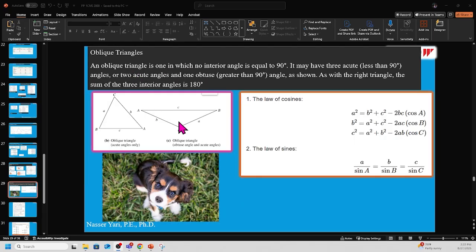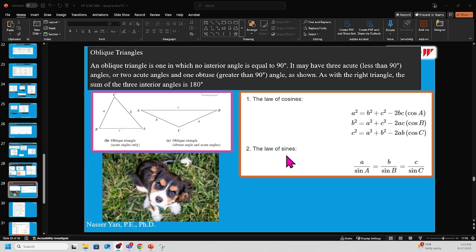The oblique triangle has two laws. You want to know these two laws: one is the law of cosines, the other is the law of sines. If you look at this triangle right here, you have length A, could be 10 feet, 20 feet, 2 meters, whatever. Opposite of that is angle A. This will be B, opposite angle B. This will be C, opposite angle C. So A squared is equal to B squared plus C squared minus 2 times B times C times the cosine of the angle between them, B and C, right there.